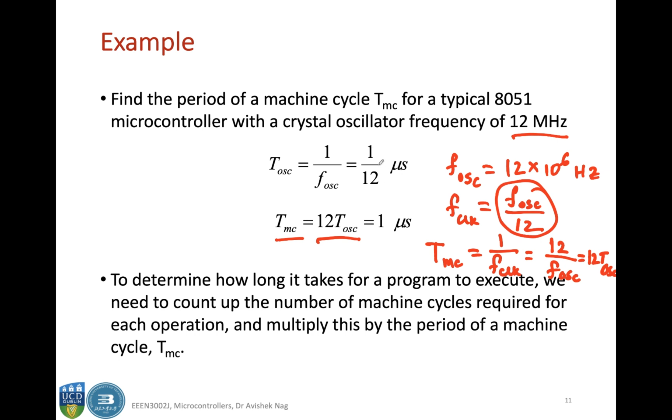So this is 12 over 12 microsecond, therefore the TMC is 1 microsecond. This is the unit of one machine cycle. To determine how long it takes a program to execute, we just need to count the number of machine cycles required for each instruction and multiply this by the period of a machine cycle.